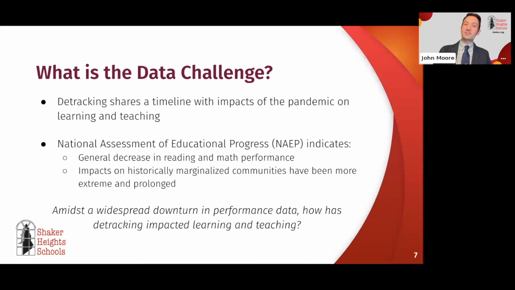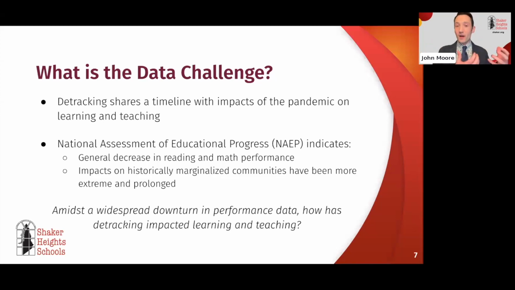One of our challenges that we know from the National Assessment of Educational Progress is that there has been a general decrease in reading and math performance across the nation and, in fact, the world. We've also seen that that decrease has impacted historically marginalized communities even more extremely and in more prolonged ways than their white peers. This leads us to this question.